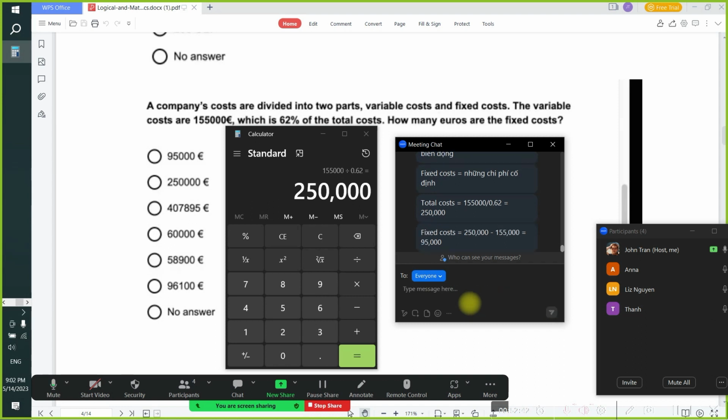If you arrive at 95,000, it's actually correct.